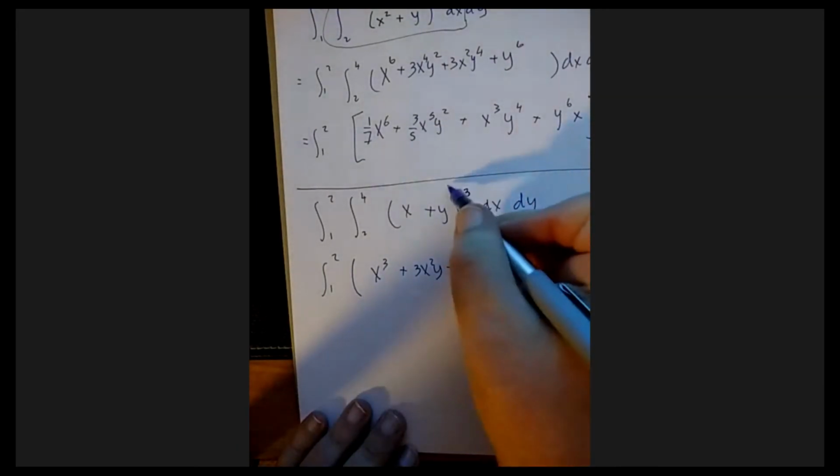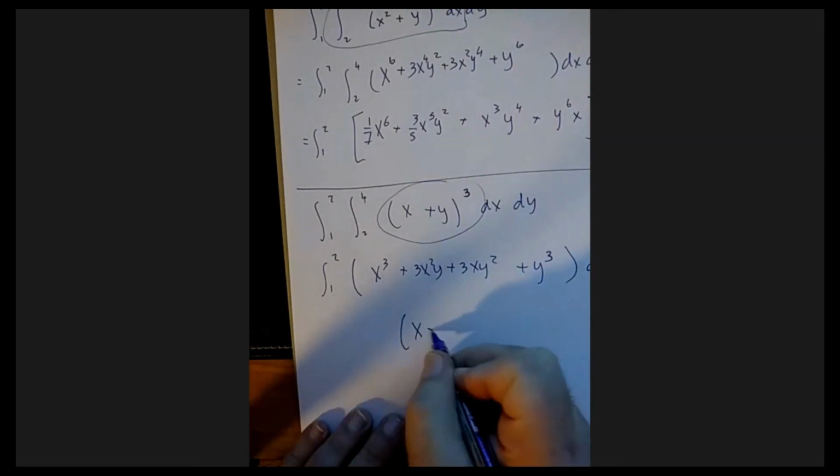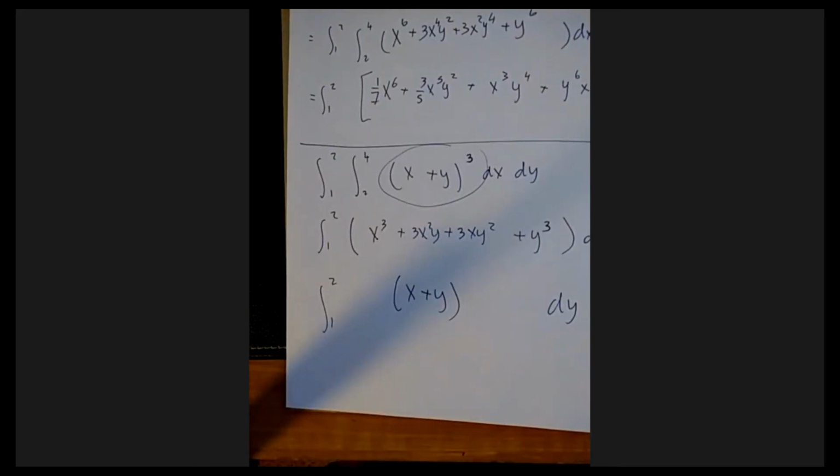There is another way of doing it. Suppose you want to integrate x plus y in brackets all cubed. There is another way of coming up with that same answer.